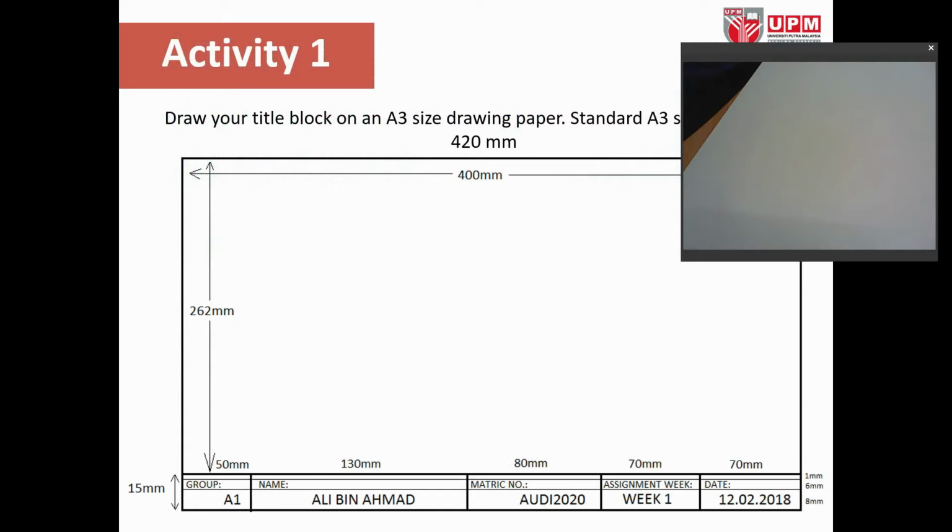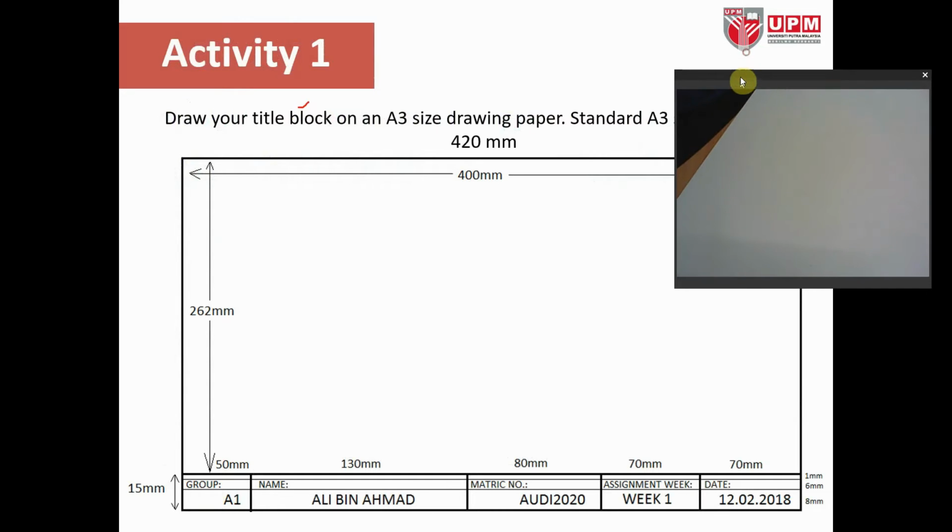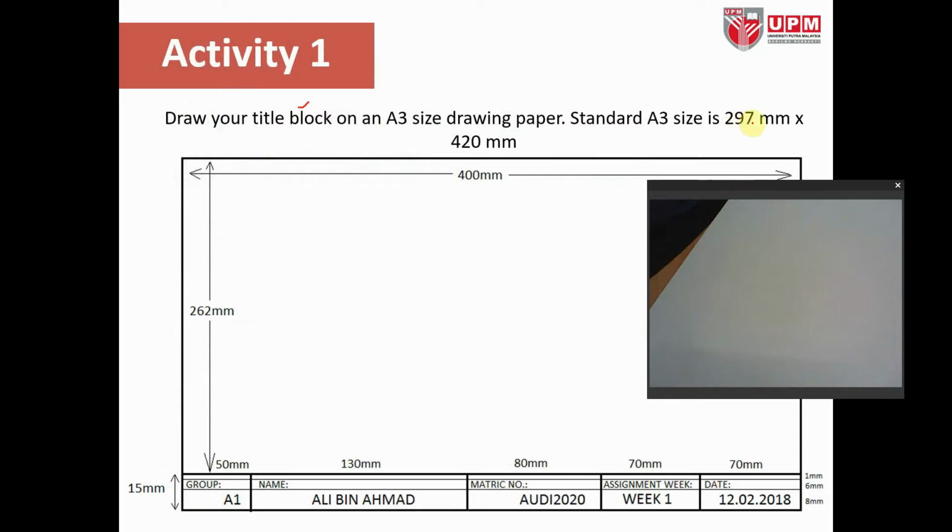Okay, so for the title block in activity 1, just follow the dimension here. The standard A3 size paper is 297 millimeter times 422 millimeter. If you can see, the title block here is 400 times 262 plus 15, so this is 277 mm.